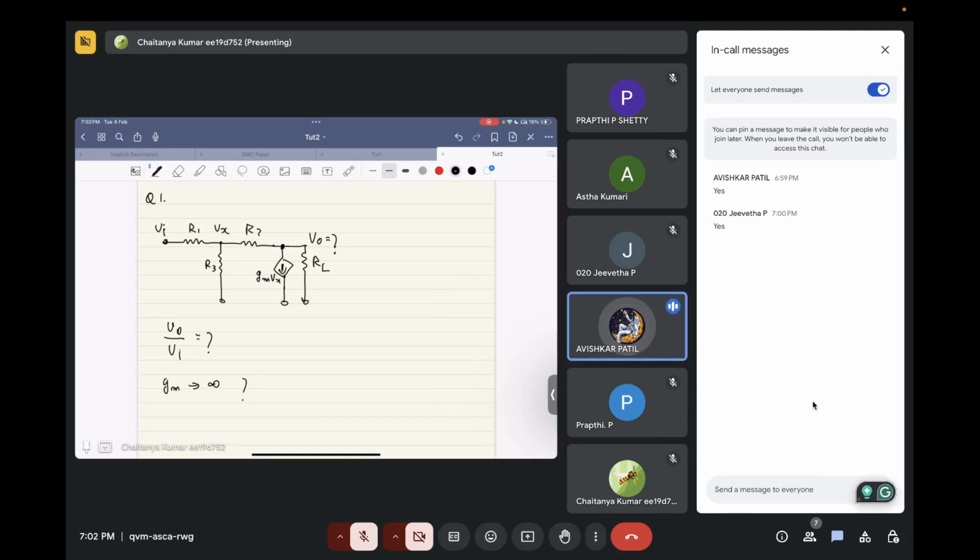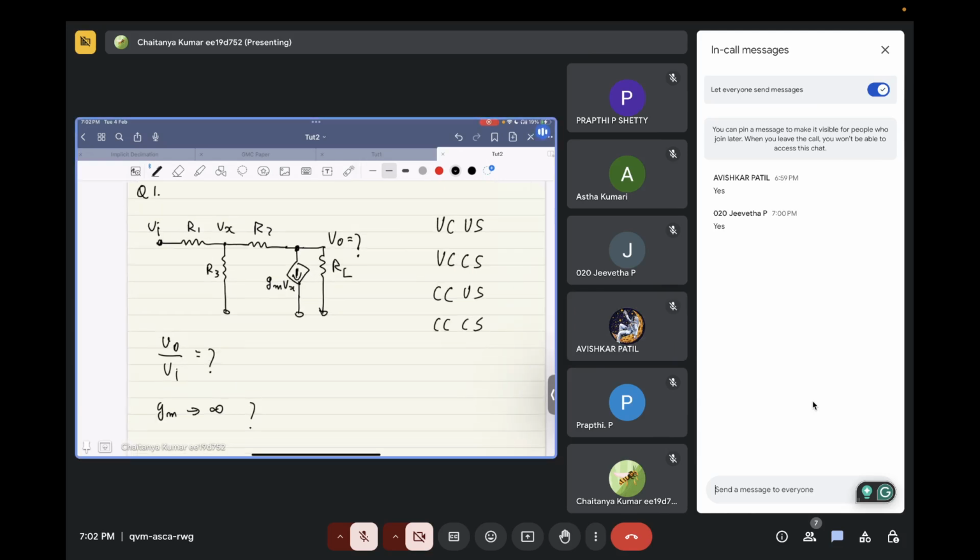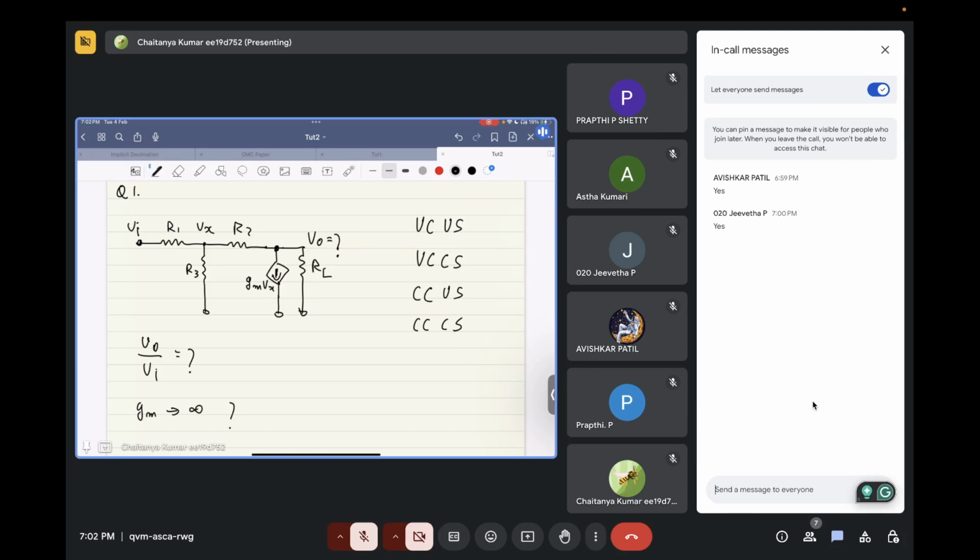Voltage controlled voltage sources, voltage controlled current sources, current controlled voltage sources, and current controlled current sources. So in this circuit, can you identify which control source is present?